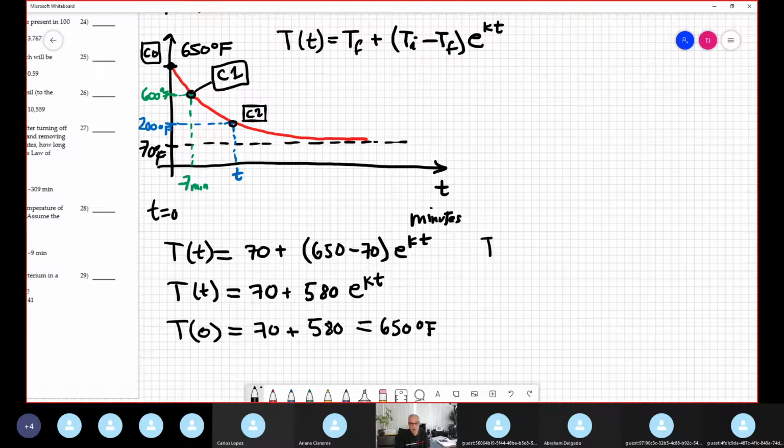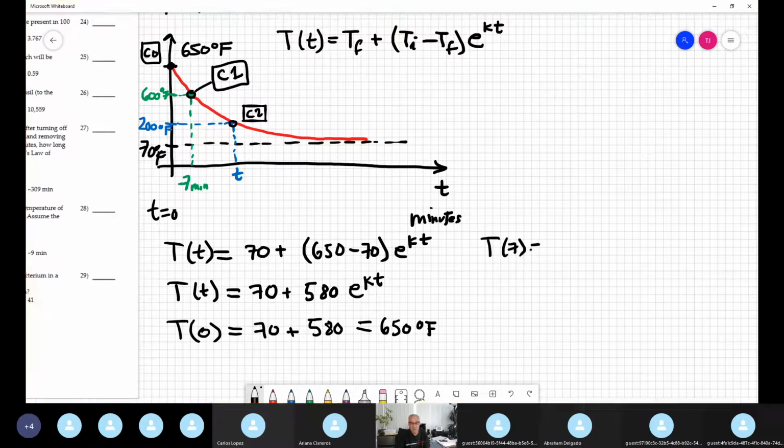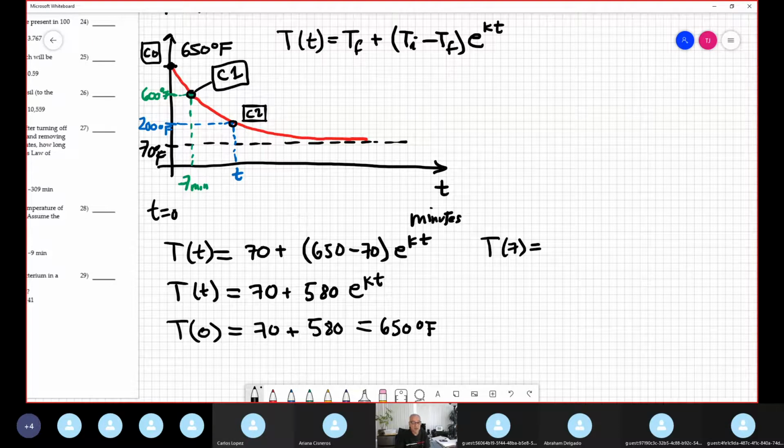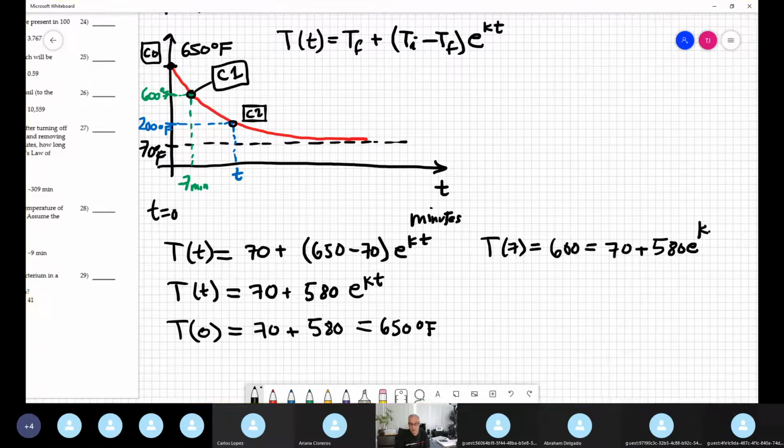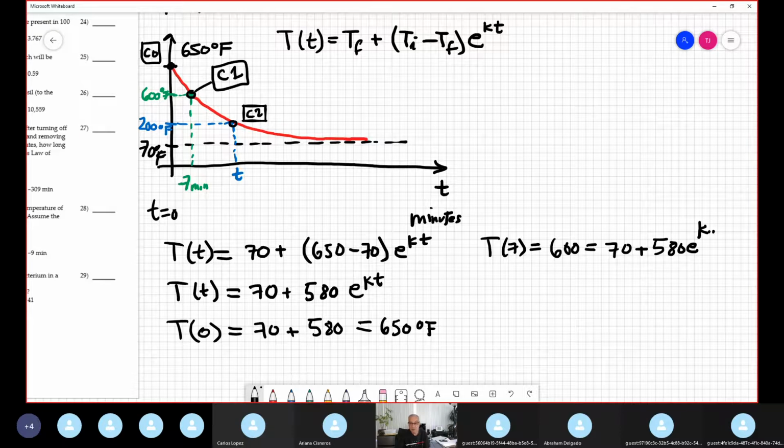Now, temperature at the specific time, which is 7 minutes, the time in which you know the temperature, which is 600 Fahrenheit degrees, is equal, you apply the same formula, no? 70 plus 580, no parentheses, 580 e to the k multiplied by 7, which is the time in minutes associated with this condition, no?